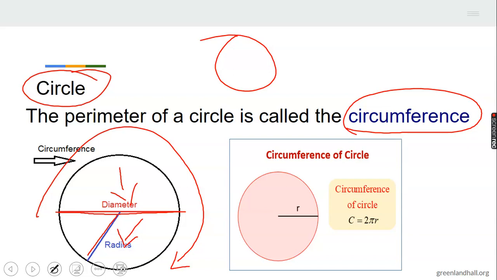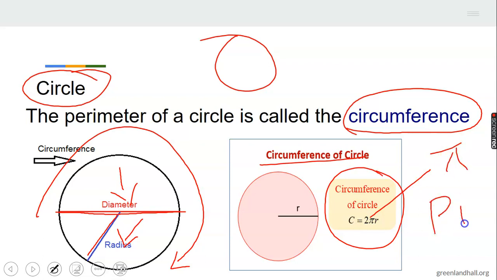Now, the formula to calculate the circumference, in other words the perimeter of a circle, is given by this, where C is the circumference, pi is the sign called pi, and R stands for radius. This formula is what will be used to calculate the circumference. If you are asked to calculate the perimeter of a circle, just know that we are talking about circumference.